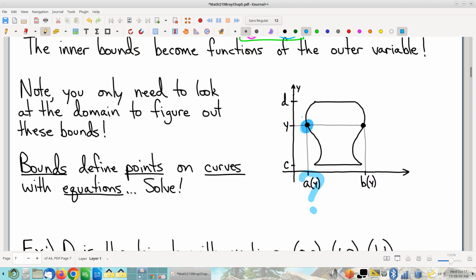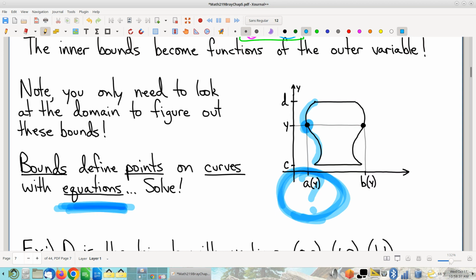That point decides what that lower bound is. That point, of course, is on this curve. That curve is going to have some equation. And within that equation, what am I solving for? Well, I'm solving for x, because that lower bound I'm interested in is a value of x.